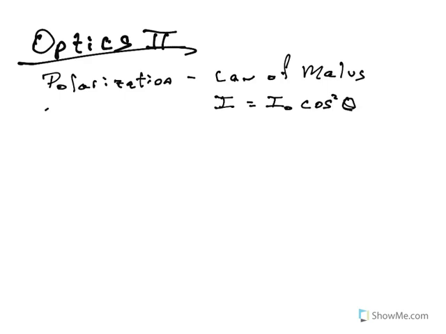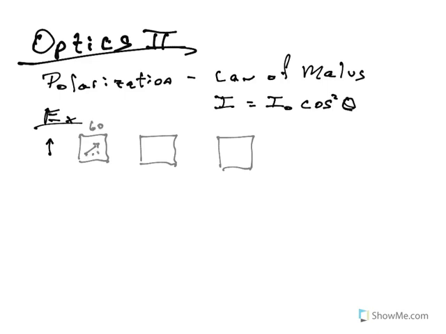And so just as an example, we may have something like this. Let's say the light starts polarized upwards, and then I'm going to send this light through a series of polarizers. Let's say the first one is polarized at 60 degrees.